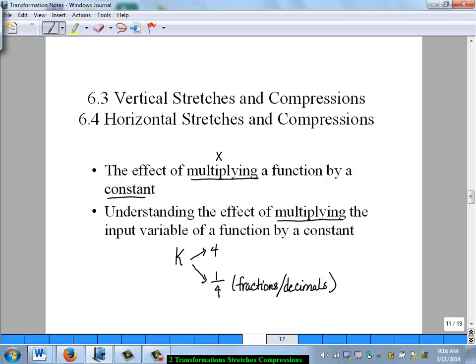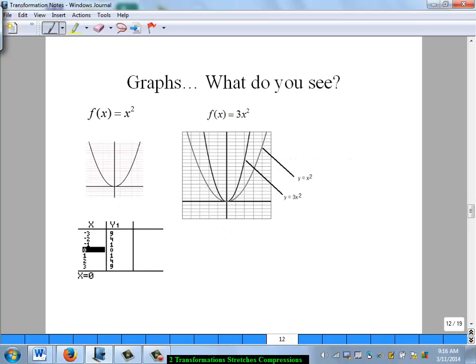Okay, so let's look at this one graph, and of course I've come back to the graph of y equals x squared, and we're going to actually stretch this graph. So here again I have f of x equals x squared, and I wrote down some of the points that we've had before. Then here's y equals x squared, and what I did was I stretched it.